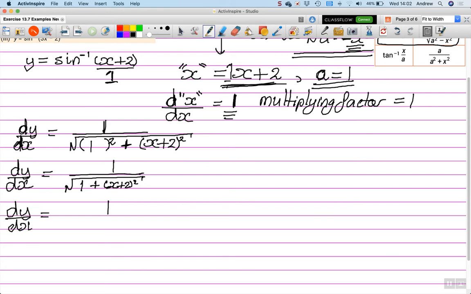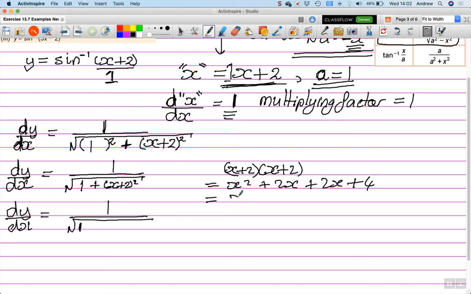So if we expand out x plus 2 on x plus 2, we're going to get x on x is x squared, x on 2 is 2x, plus 2 on x is 2x, plus 2 on 2 is 4. So we're going to get x squared plus 4x plus 4.